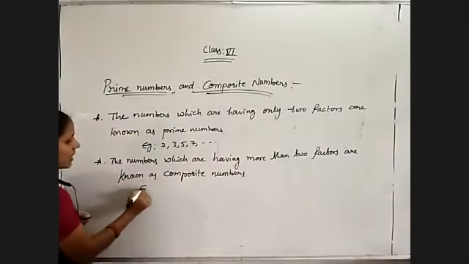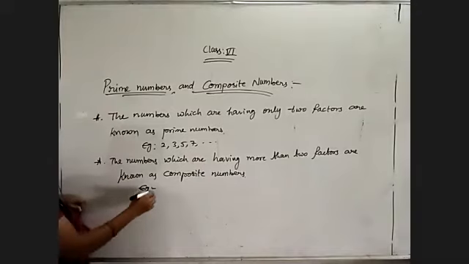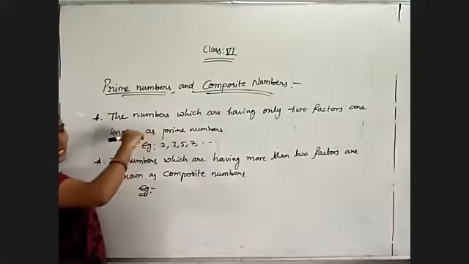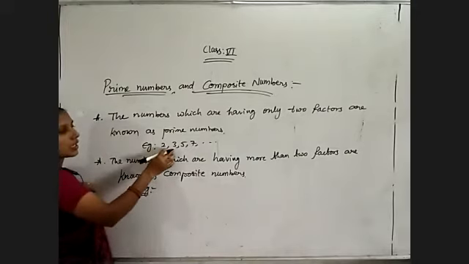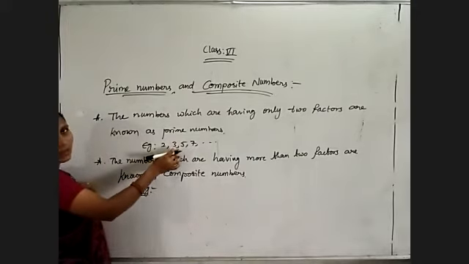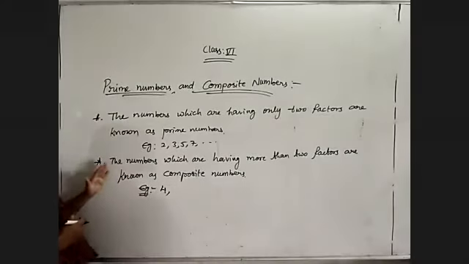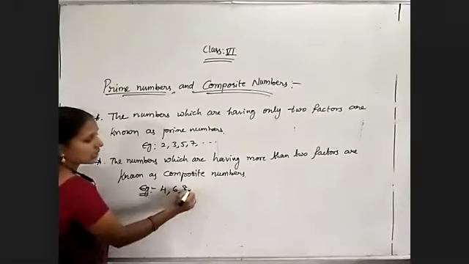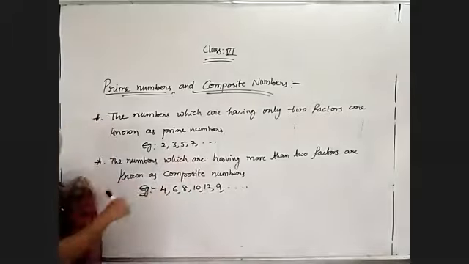For example, whatever prime numbers are there, the remaining numbers are composite numbers. So 2, 3 are prime numbers. Next, what is missing here? 4. So 4 is a composite number. Numbers which are not primes are all composite numbers: 4, 6, 8, 10, 12, 9, and so on. Like this, we have several numbers.